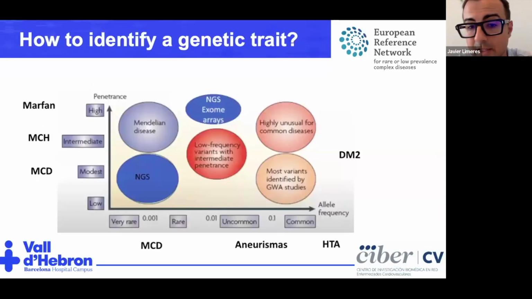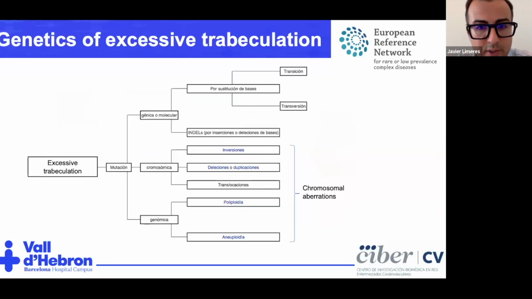There are different kinds of studies to look for the different defects of excessive trabeculation. Among the different alterations, you can find the typical mutations you can find in other cardiomyopathies, like indels, missense mutations, transversions, transitions, etc. But sometimes we find other defects, like aberrations, inversions, deletions, bigger defects that we cannot find with normal tests.